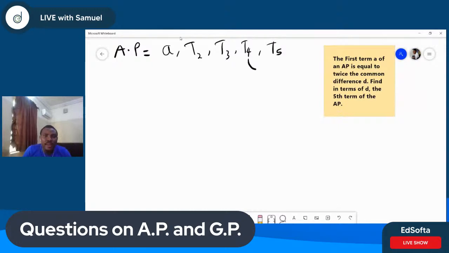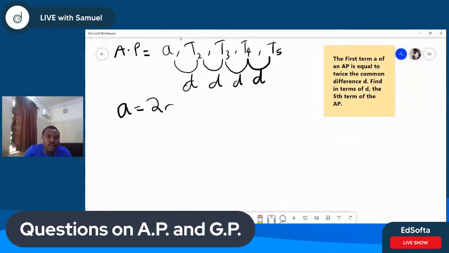And they are saying the common difference between every member of the sequence is D. And they are saying that A is twice the common difference, that means A is equal to 2 times D.